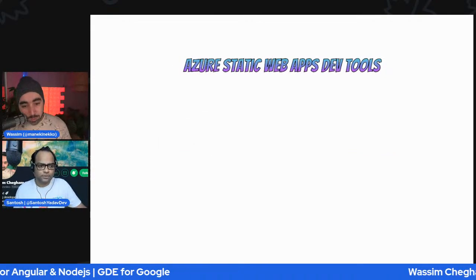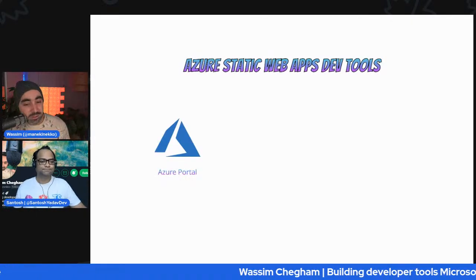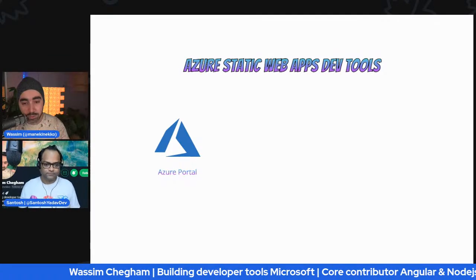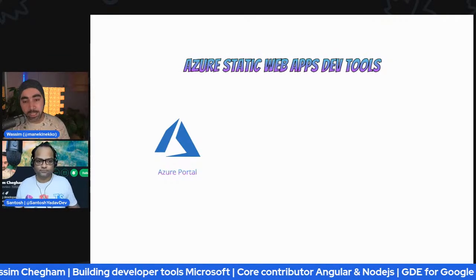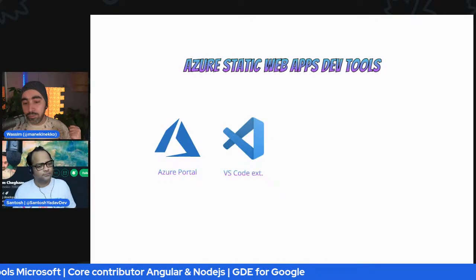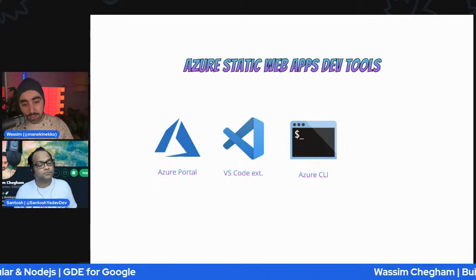When it comes to developer tools, of course, you can access it from the portal. That was one of the first ways where you can deploy and configure your SWA application. We also now support a GitHub and VS Code extension. There is the official Azure CLI.